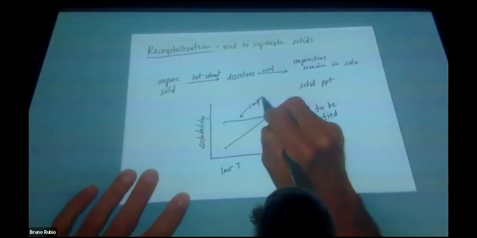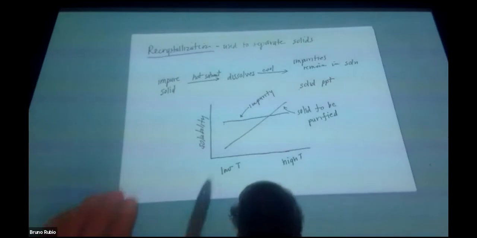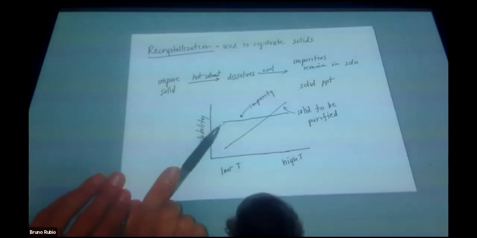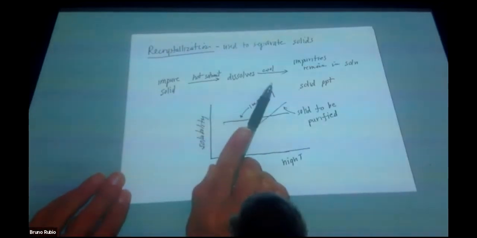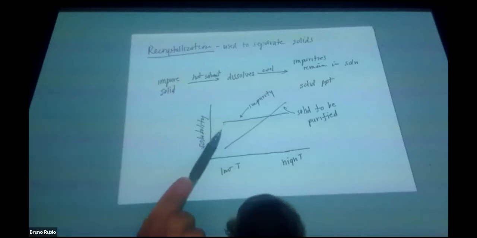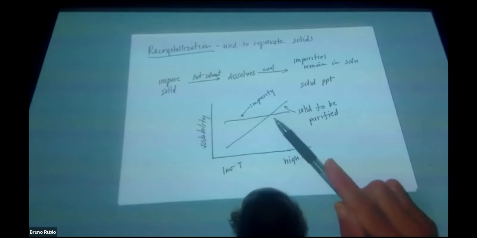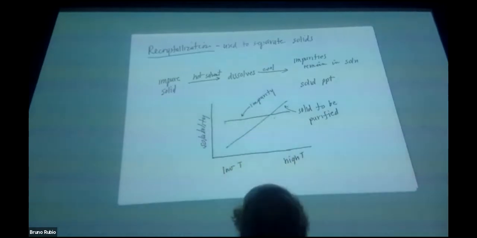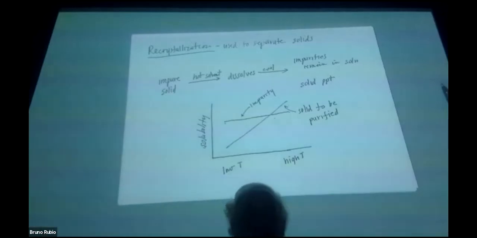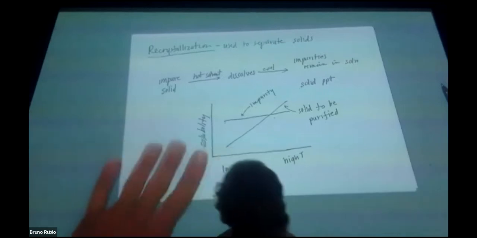That would be the impurity. It's very soluble at low temperature so that when you cool the solution down, it stays in solution. And it should be very soluble at high temperature also so that you get everything to dissolve. So this is another major technique for purification.